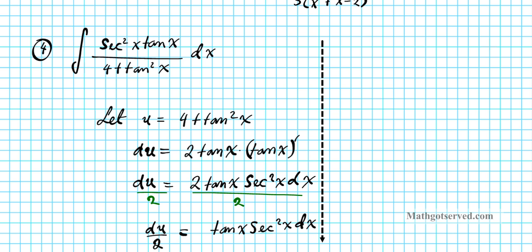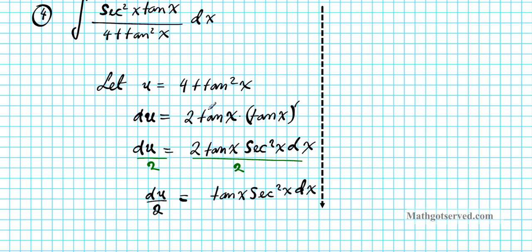Okay, now let's see. u goes on the bottom, so this is going to be the integral of 1 over u, since we're using the denominator, and then this entire numerator with dx will be replaced with du over 2, because that's what tan times secant square x dx is. You know that multiplication commutes, so the order with which you write this doesn't really matter, okay? All right, so 1 over u times du over 2.